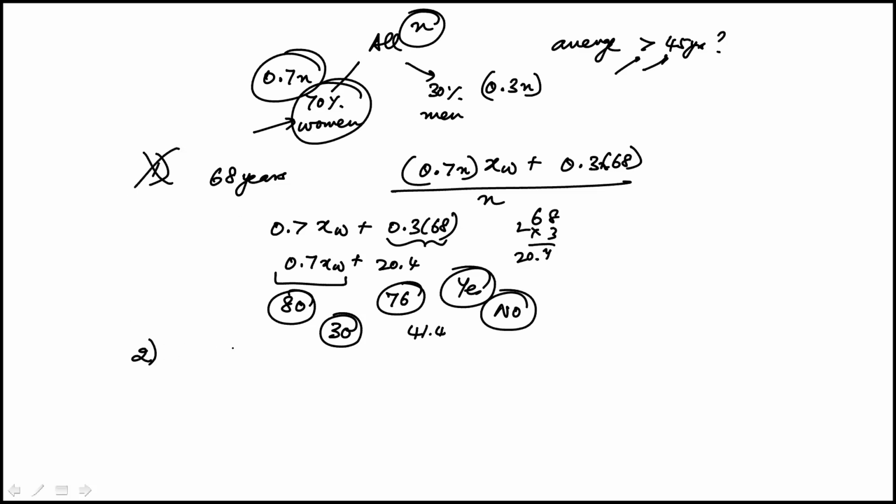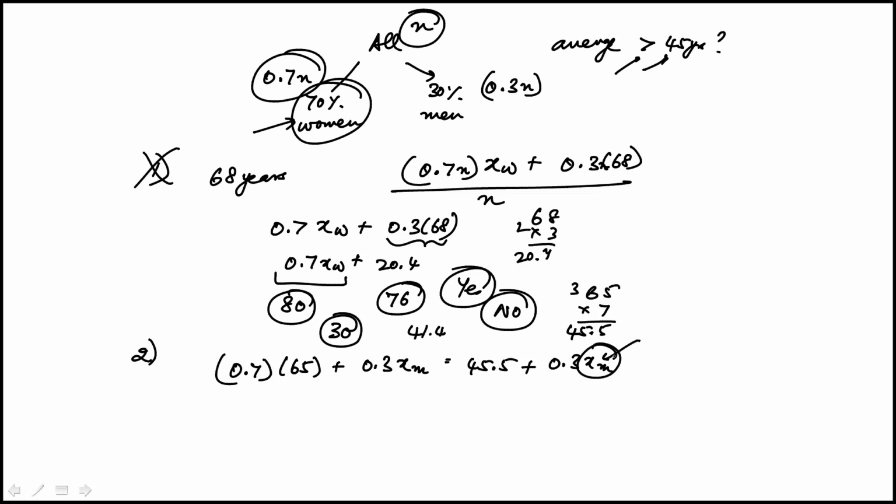2 is average age of the women in the club is 65 years. So now the combined would be 0.7 times 65 plus 0.3 times the average age of men. So again, I'm going to multiply 65 by 7, 45.5. So I end up with 45.5 plus 0.3xm. Now we don't know this value, but you'll notice that it's going to exceed 45.5.